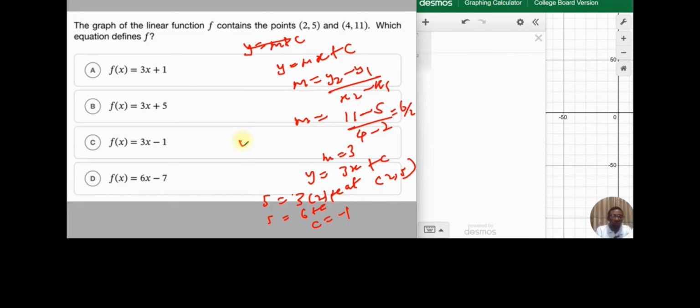At the end you get y = 3x - 1. This is a whole lot of waste of time.